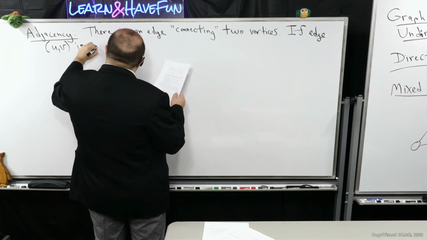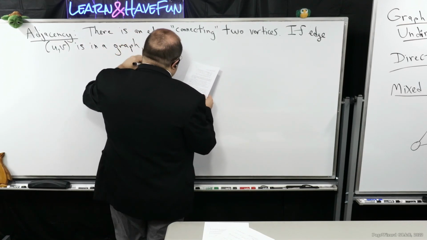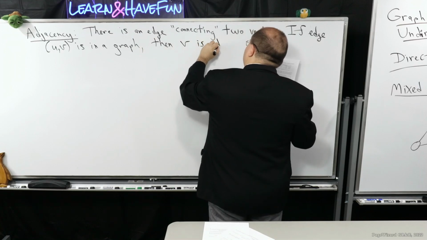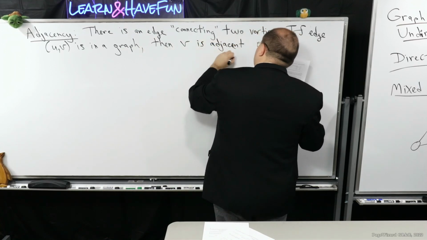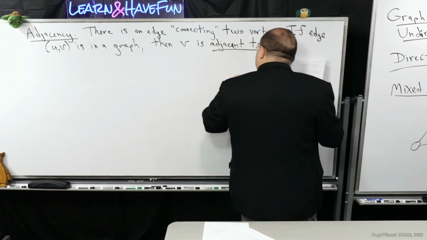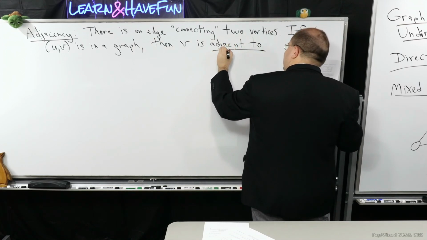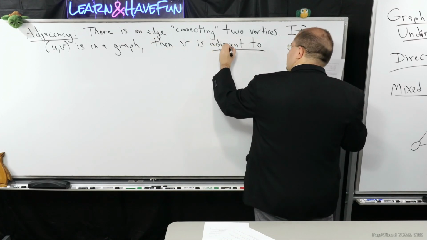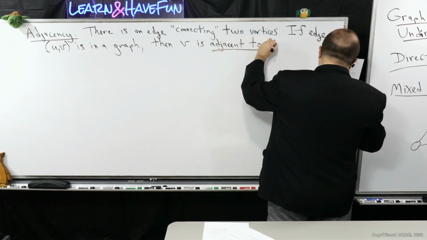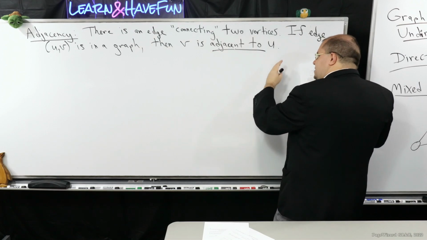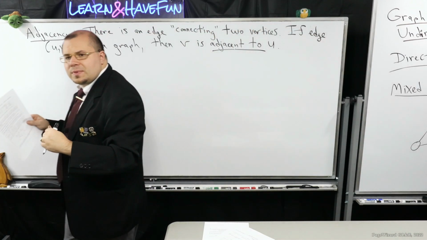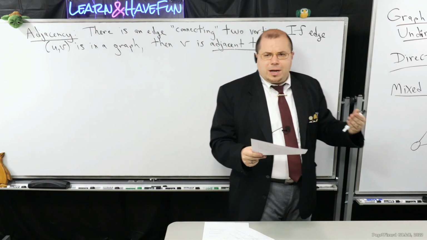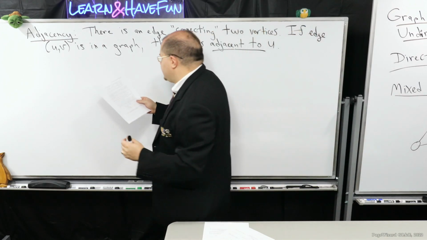If it is in a graph, then v is adjacent to u. So vertex v is adjacent to u. I'm going to give you two possibilities depending on what kind of graph we're talking about, the kind of edge it is, specifically.